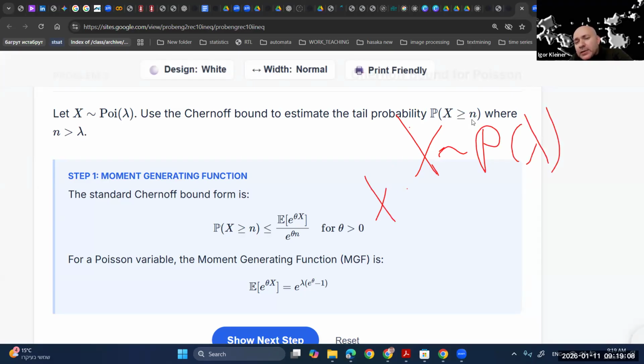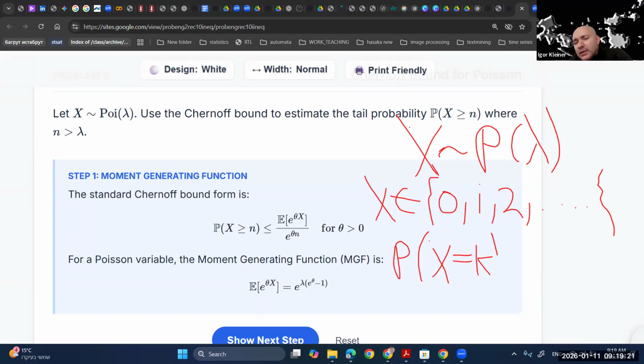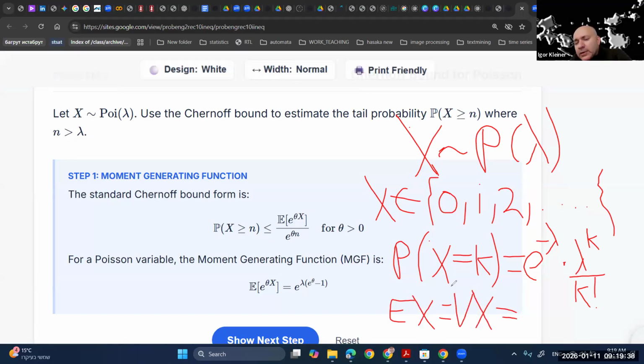The support of x is the integers from 0 to infinity. The probability that x equals k equals e to the minus lambda times lambda to the power k divided by k factorial. Expected value of x equals variance of x equals lambda.